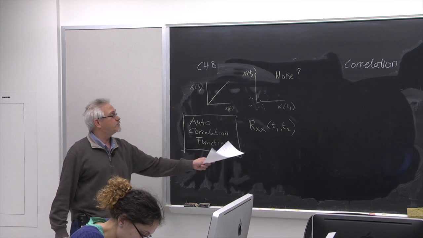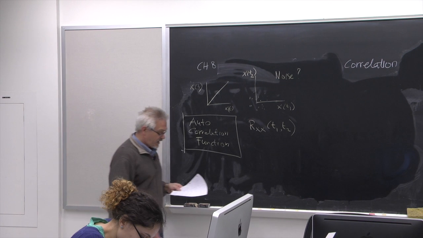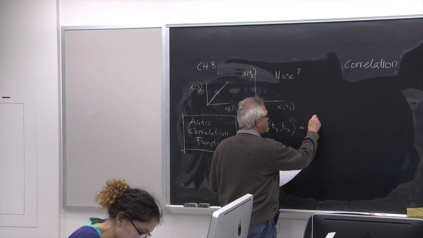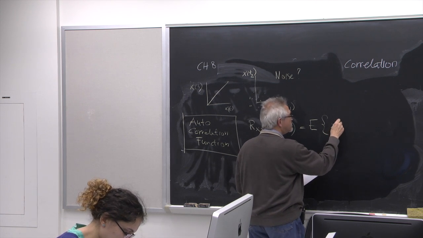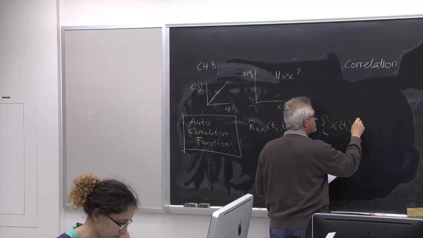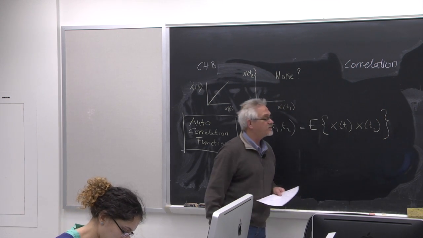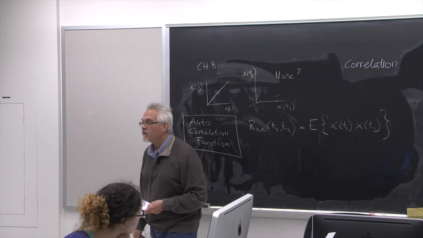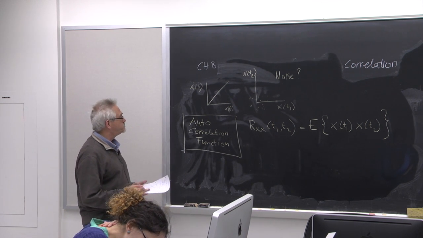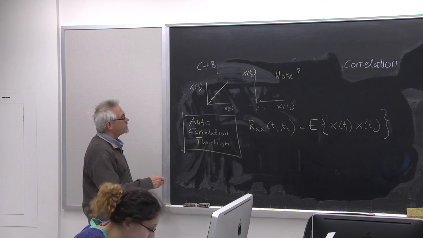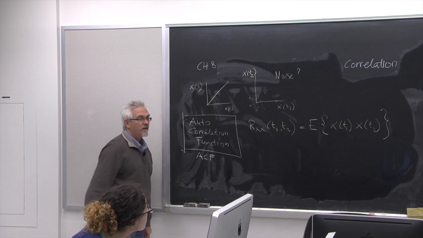And then T1, T2 to indicate that you have different times, and of course that can be then expressed as an expectation. The product of X at 2 different time moments. That's the most generic definition of the autocorrelation function, or sometimes abbreviated ACF.